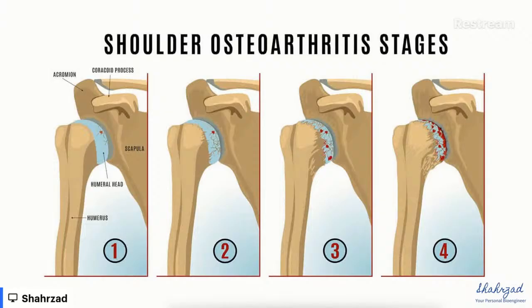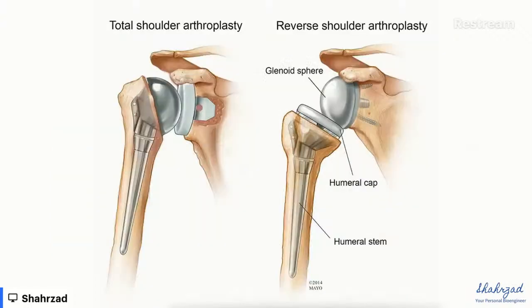It's arthroscopy, which is a minimally invasive procedure where a small camera, also known as arthroscope, is inserted into the shoulder joint to examine and repair tissues. Or, of course, we have shoulder replacement, depending on the severity and type of condition.